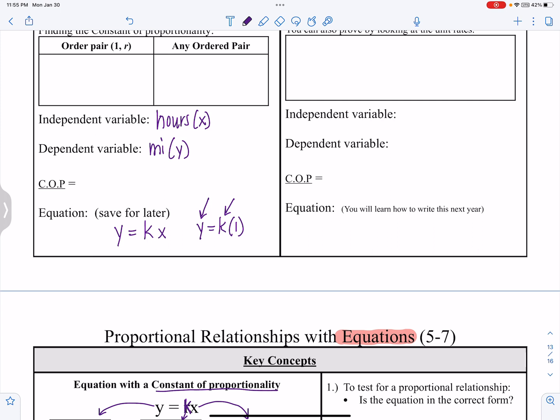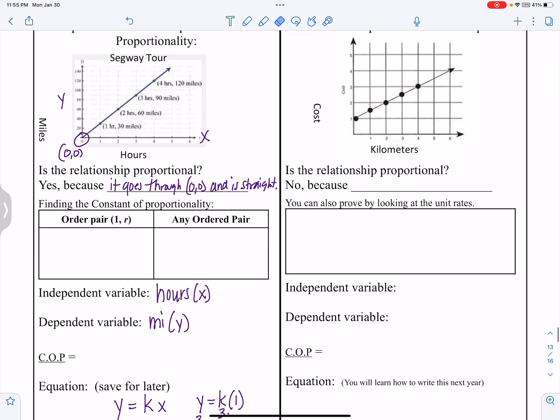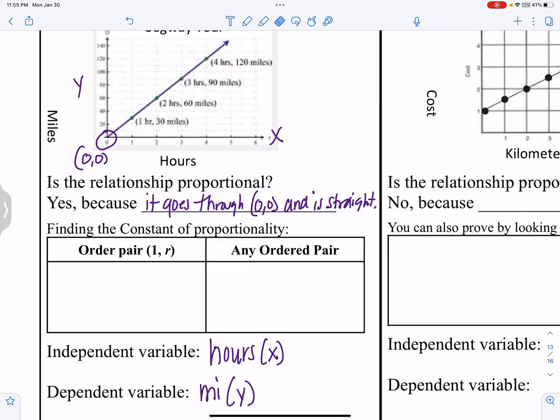Where x is 1, if y was 3, for example, 1 times 3 would have to equal 3. So what this tells us is that wherever x equals 1, y will also tell us what the constant of proportionality is, because 1 times that same number equals y. And so that's why they're saying you can just look at that ordered pair to help you know right away what the constant of proportionality is. So that makes sense to start off with that.